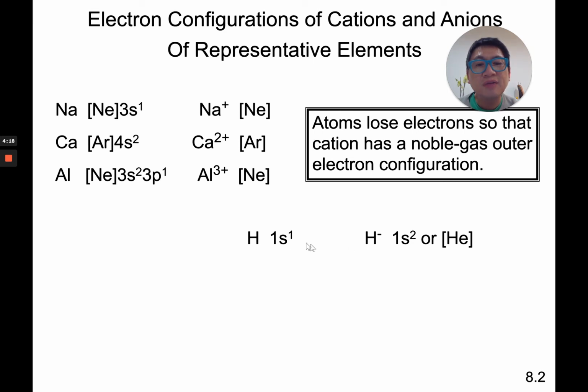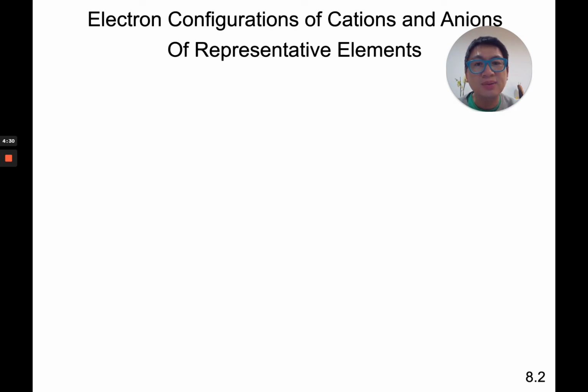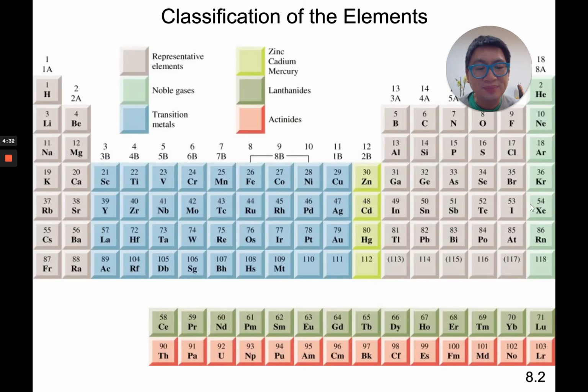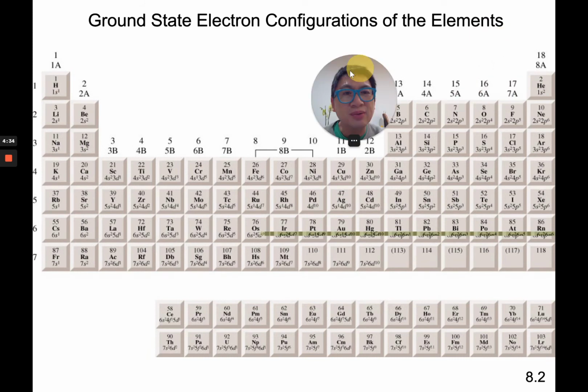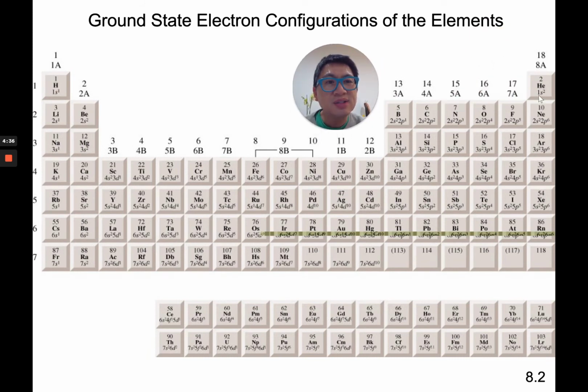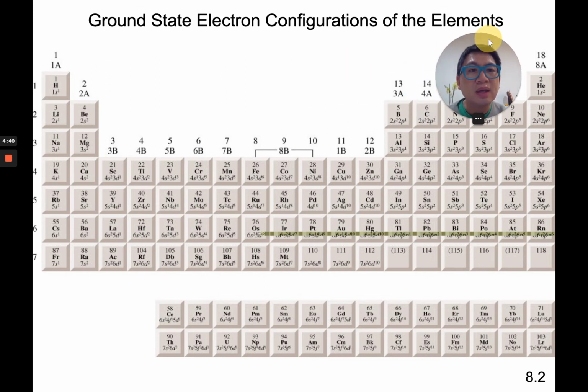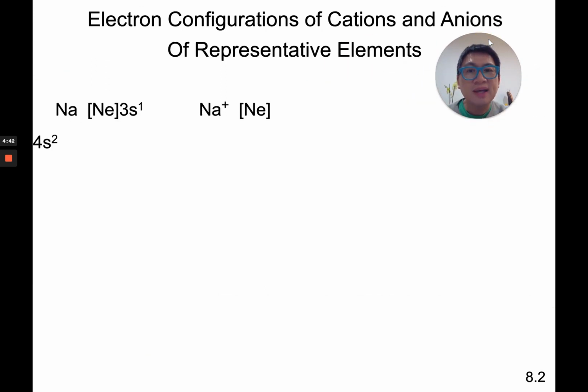So its electron configuration won't be 1s1, but it will have one more electron, or 1s2. What is that the same as? Go back to the periodic table, to this part of the periodic table. Notice 1s2 is the same as helium, the noble gas helium.